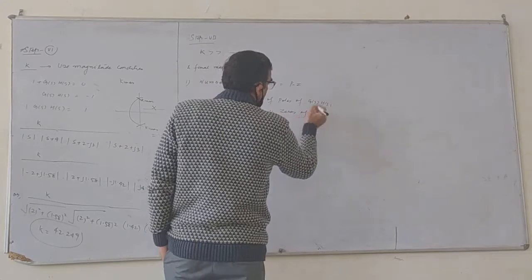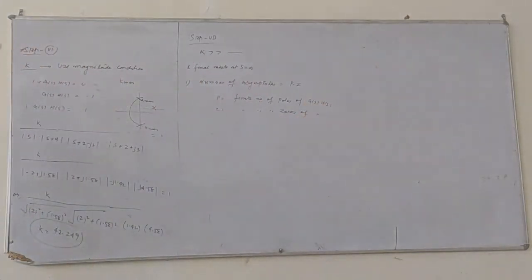The number of asymptotes will always be P minus Z. Suppose there are 3 poles and 2 zeros, then 3 minus 2 will be the number of asymptotes.